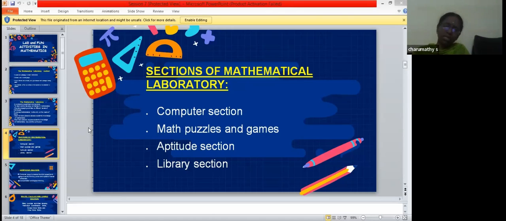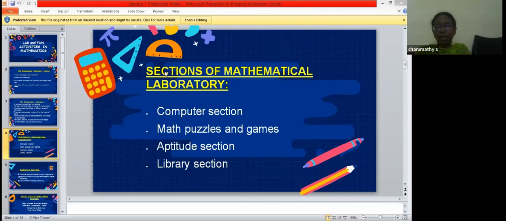Suppose you take numbers, we have a lot of subtopics: numbers, number names, comparison, ordering, greatest to smallest, building numbers, so many things. So going for aptitude sections develops their mental ability. The maths lab is a very good space for them to develop their mental skills.